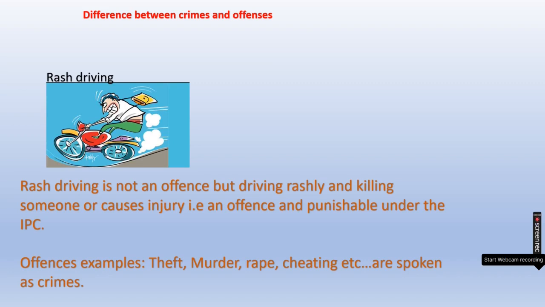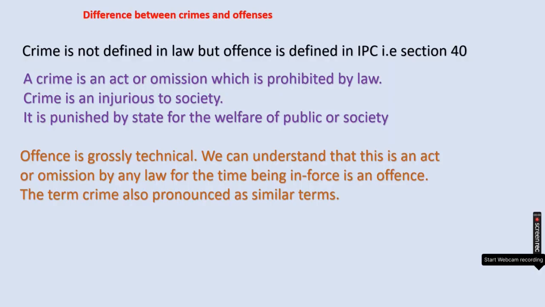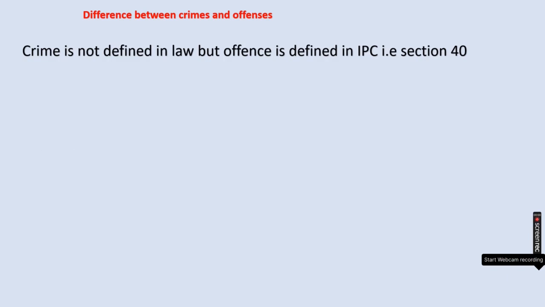Sometimes they ask whether crime is static or absolute. It is neither static nor absolute, because over a period of time the law and crimes change. In earlier days only cheating existed, but in recent times cheating has spread in many ways, like internet and cyber crimes.